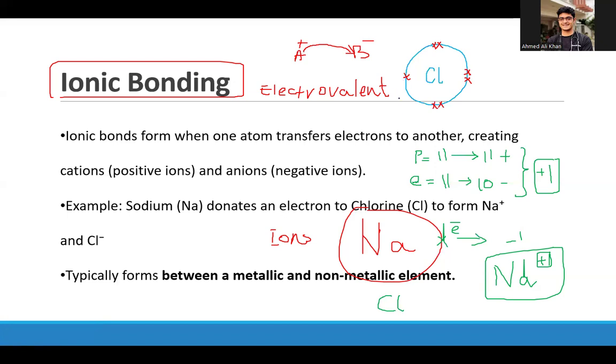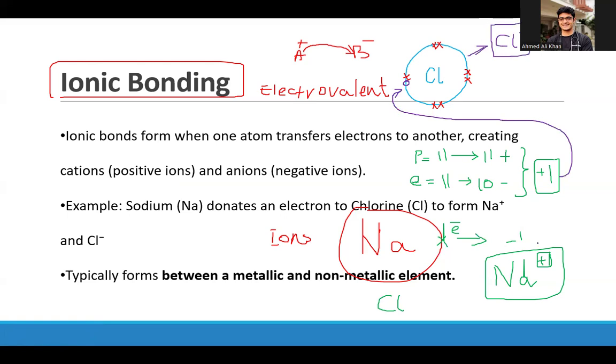So if chlorine gains an electron from another element, for example sodium, which lost one electron, chlorine now has an additional negative charge. Chlorine becomes negatively charged, and this is converted to a chloride ion, a negatively charged chloride ion, right?